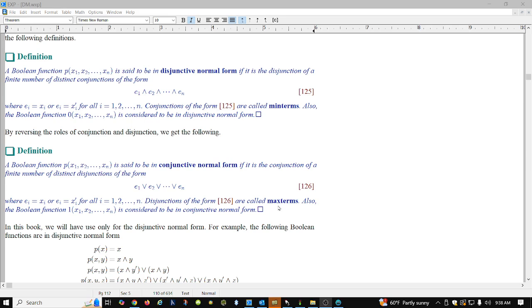And those are sometimes called max terms. I know it's a lot of terminology, and not very pleasant terminology, but we're kind of stuck with it because it's standard terminology. Disjunctive normal form is often just written DNF, and this would be CNF.